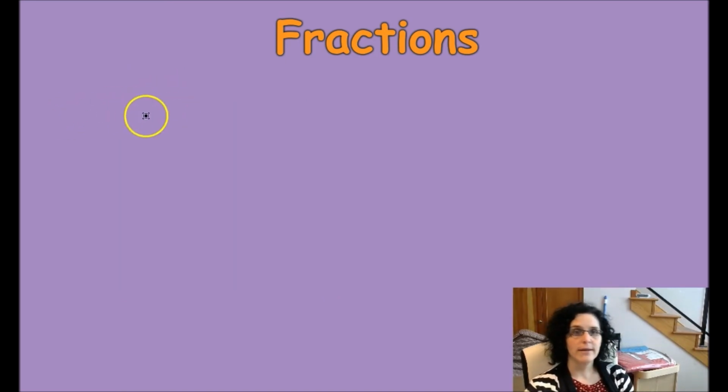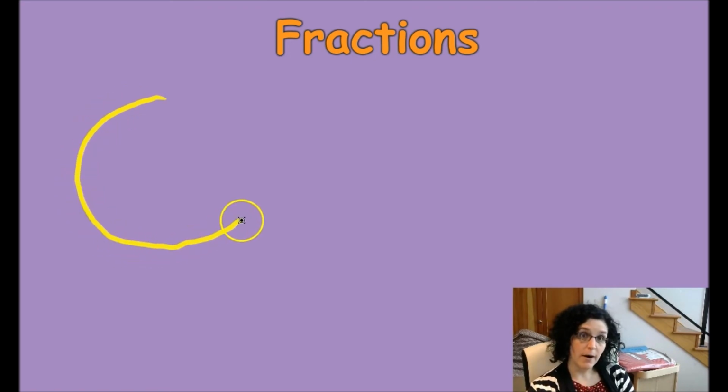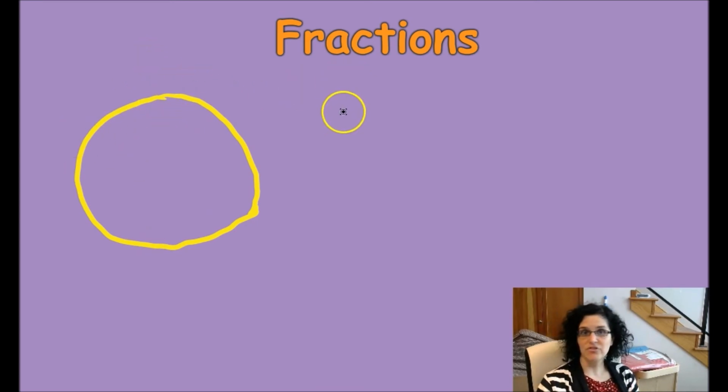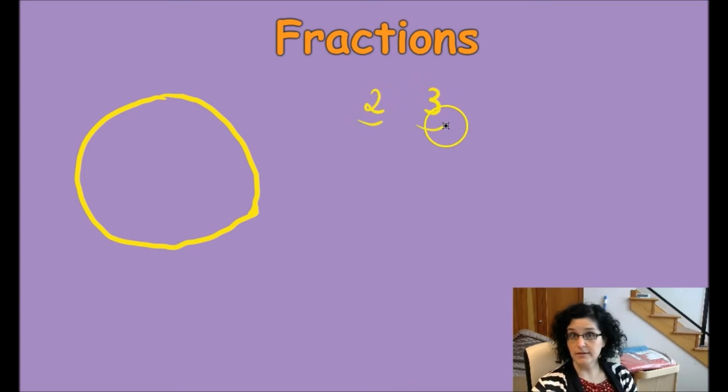So let's take a look at one more example. Fractions are parts of a whole that we have split into equal portions. In the previous example, the 2 boys and the 3 girls, 2 is a number that is smaller than 3. It's not the same number.